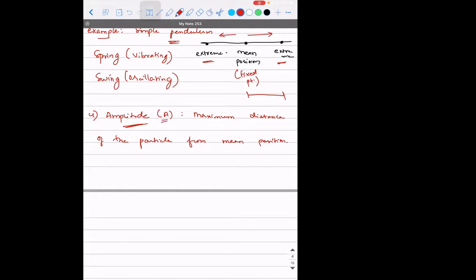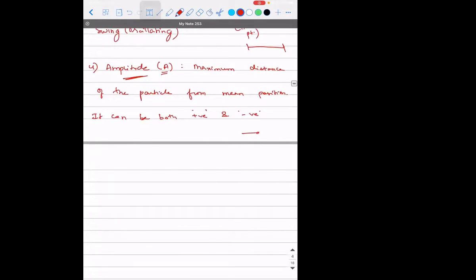It is represented with the symbol A. It can be both positive and negative. For example, if you take the right side position to be A, the left side's maximum position will be minus A. Clear?